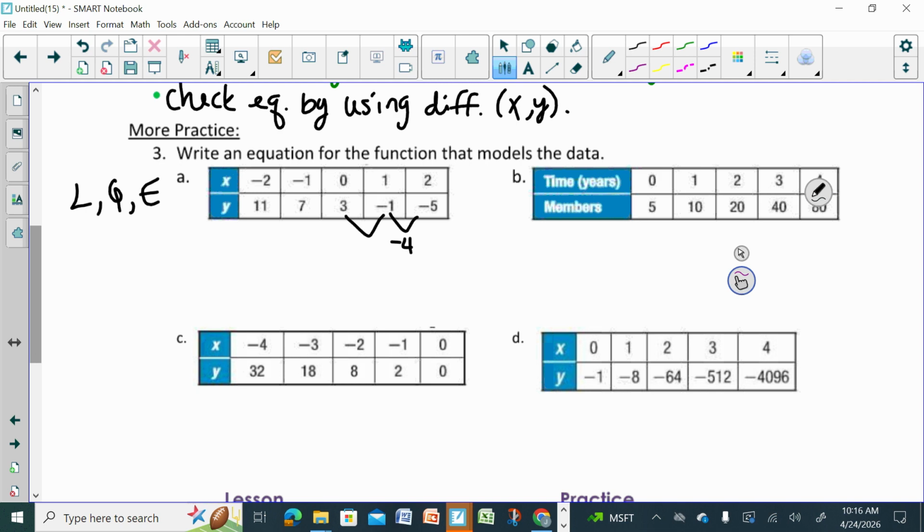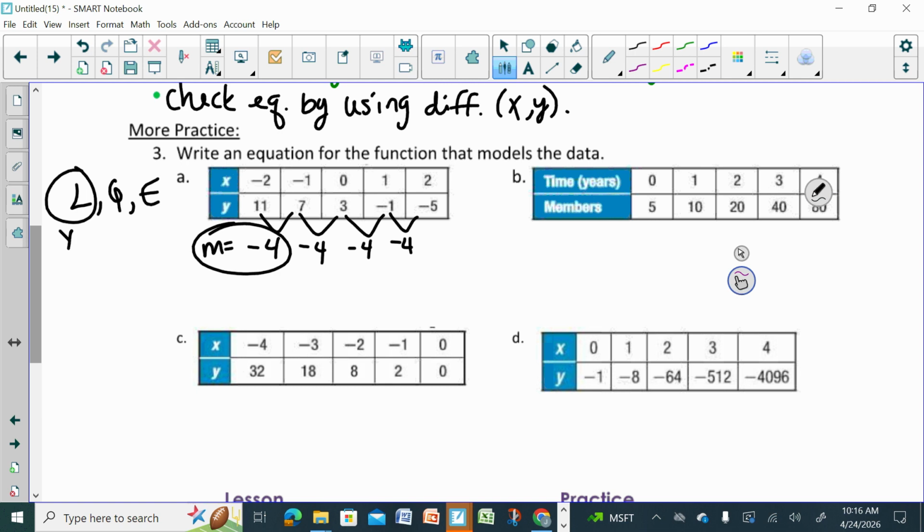And -1 minus 3 is also -4. It's looking like linear. 3 take away 7 is -4, and 7 take away 11 is -4. So we got a winner, right? It's linear. Okay, and not only is it linear, but this is your slope. So your slope is -4, your m value is -4.